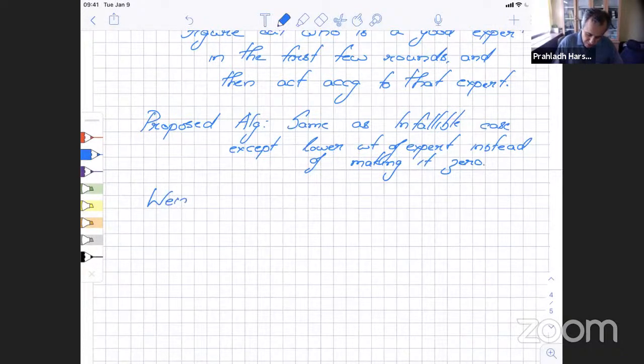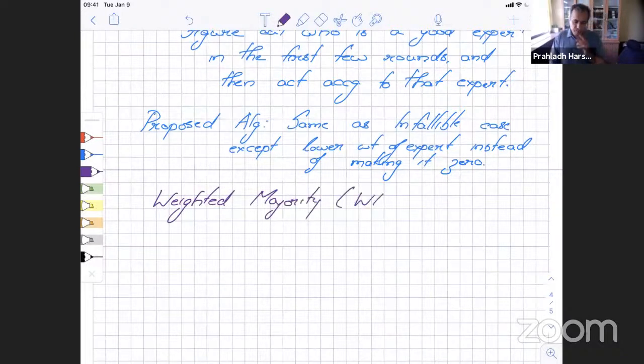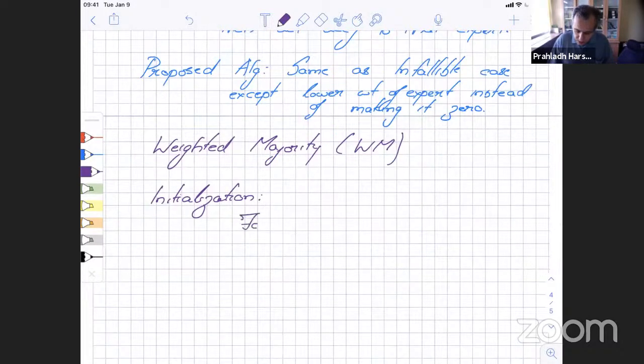I'll call it WM for short. As before, there will be an initialization phase in which for each expert i in n, you initialize their weight at time step 1 to be 1.